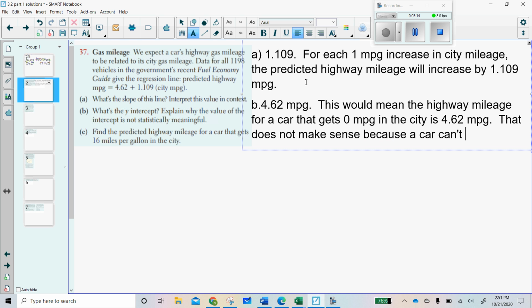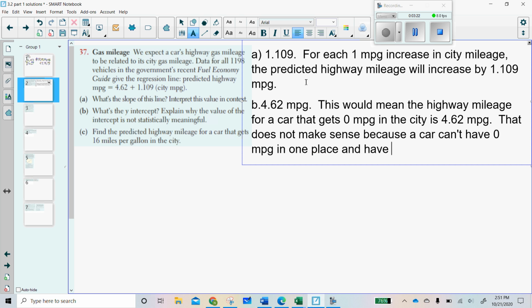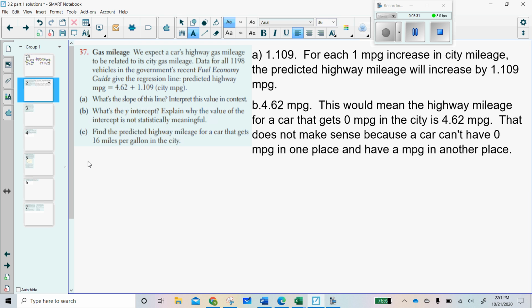Basically, a car can't have 0 mpg in one place and have a miles per gallon in another place. If it doesn't have an mpg, that means it's just not driving. So it doesn't make sense.